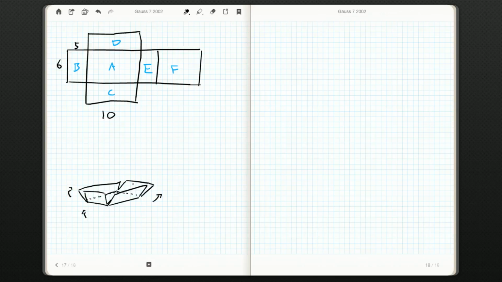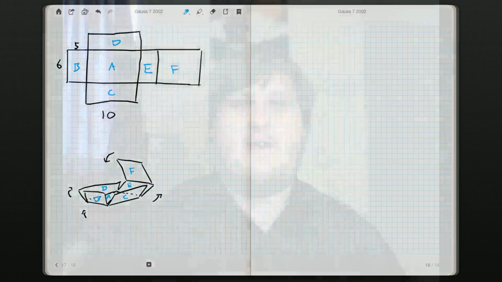And then on top, and over here is E, so F would swing around. You would come down to the top, and you'd glue over here to the top of B. So that's the idea here. So this one's C, this one's D. In here we have A, and here's B. Okay. So we have an idea with a net.